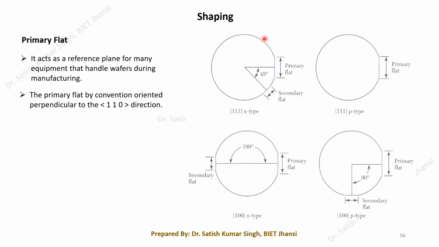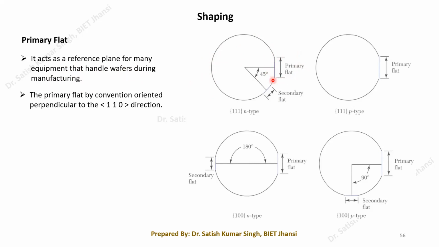So at that time we need to place the wafer onto the machines. For that purpose, this particular primary flat is used as a reference plane. They will be able to identify it by seeing this flat. That's why we are saying it acts as a reference plane for many pieces of equipment that handle the wafer during the IC manufacturing process.